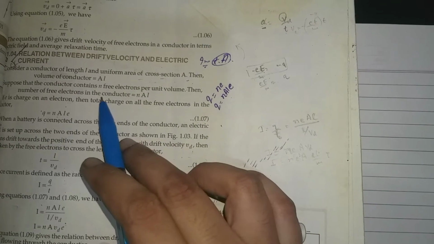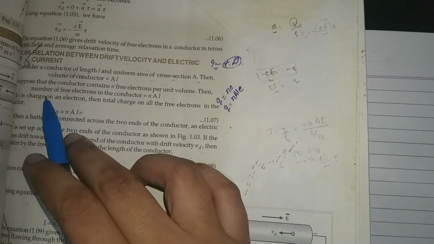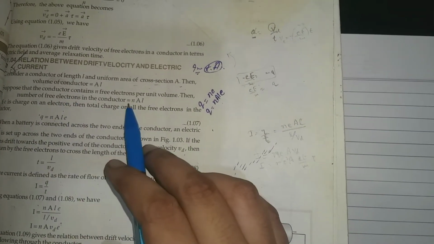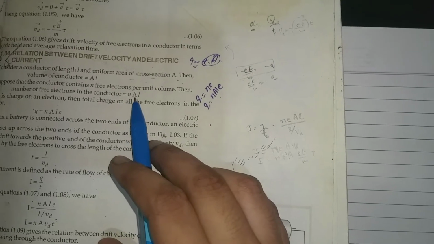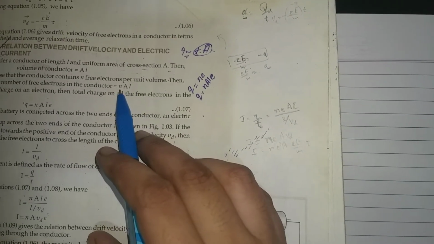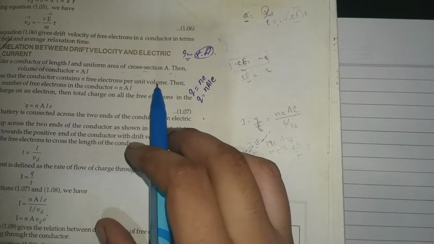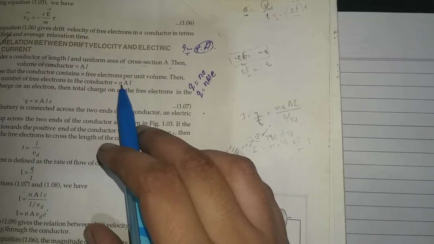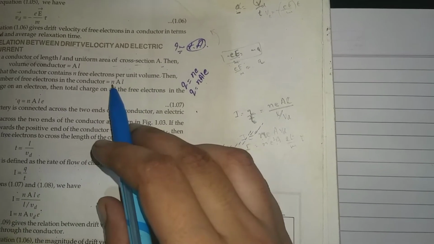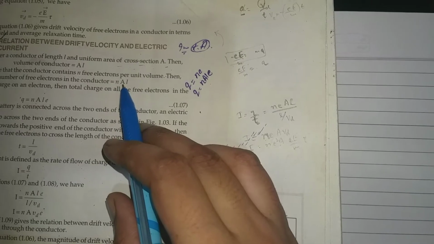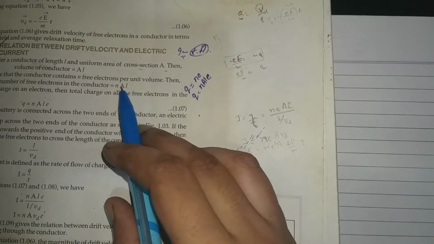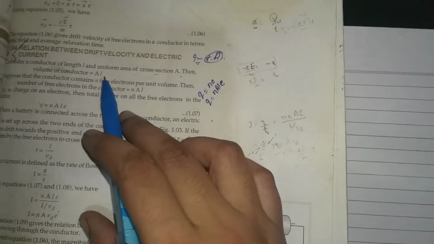Then the total number of electrons is capital N equals small n AL, where n is free electrons per unit volume and AL is the volume of the conductor.